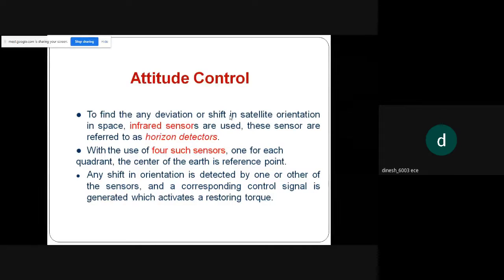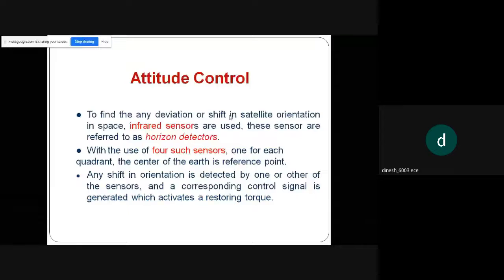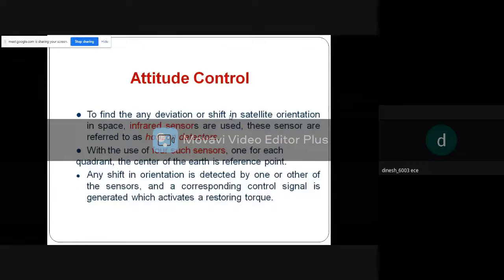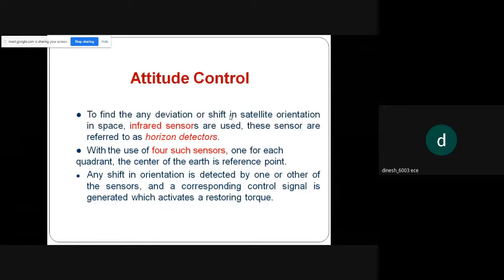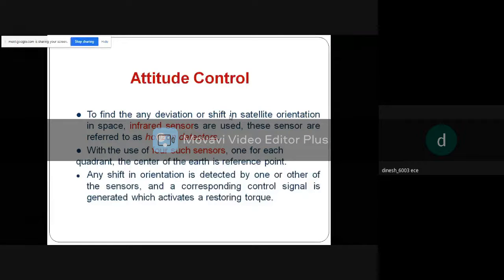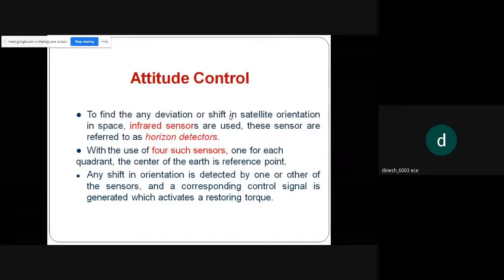They are IR sensors, infrared sensors, which are called horizon detectors. There would be 3 sensors deployed in triangular fashion and the other one in the quadrant fashion, one for each quadrant. And the fourth sensor will take the reference values from all the 3 sensors with the center of the Earth as reference point.